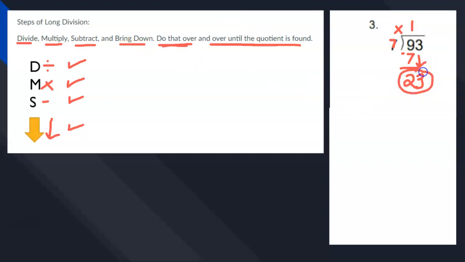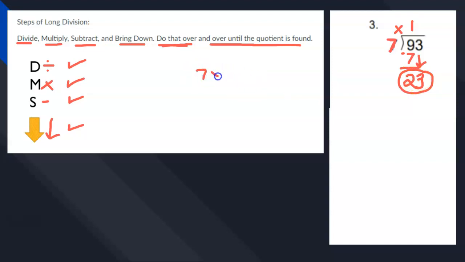23 is where we start over with division. So 23 divided by 7. I'm trying to think of a multiplication problem that will get me pretty close to 23 without going over 23.